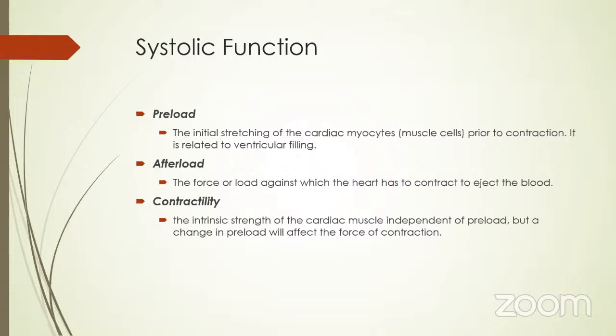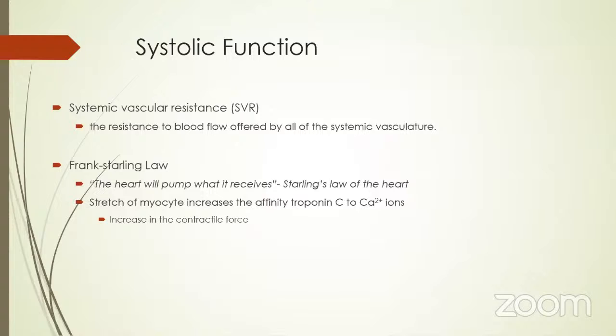Contractility is the intrinsic strength of cardiac muscle independent of preload, but a change in preload will affect the force of contractility. Also, there is systemic vascular resistance, which affects the cardiac output inversely. It is the resistance to blood flow offered by the systemic vasculature.